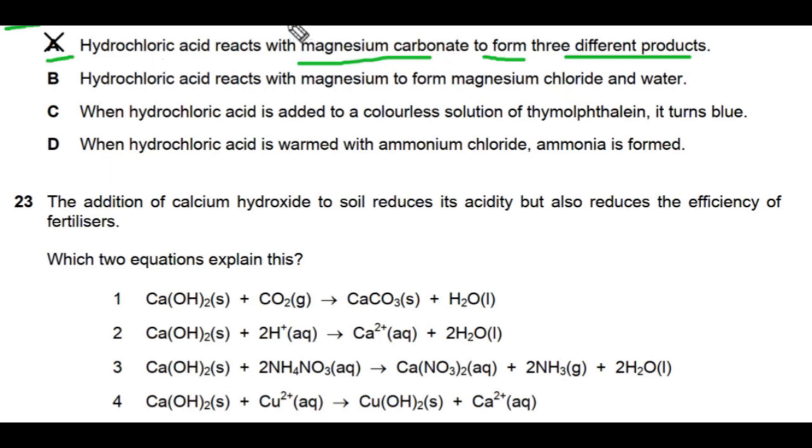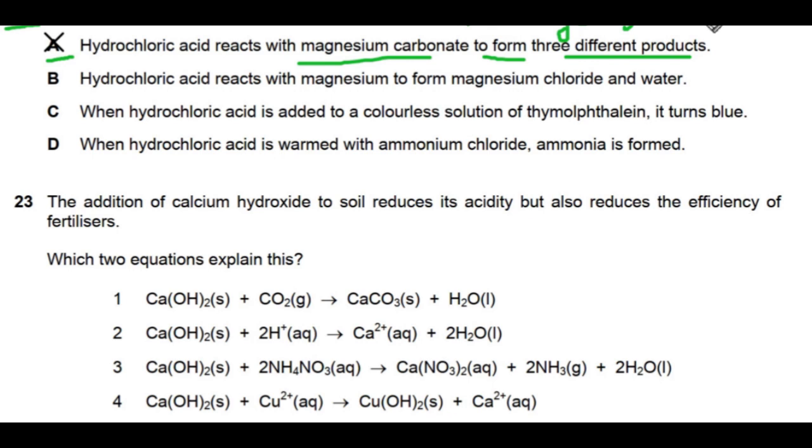This is true, because hydrochloric acid reacts with magnesium carbonate, MgCO3. Acid reacts with a carbonate salt to produce salt plus carbon dioxide plus water, 3 different products.